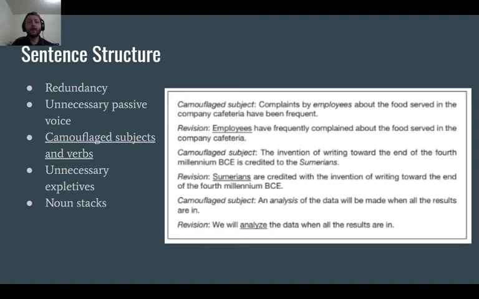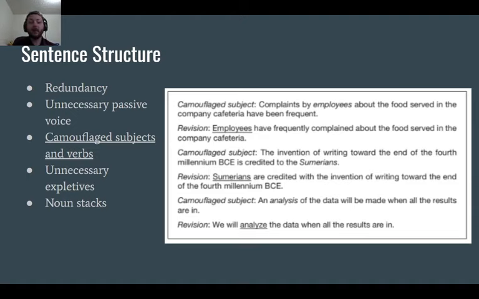For instance, we have our first sentence here, camouflaged subject: "Complaints by employees about the food served in the company's cafeteria have been frequent." Employees, the subject, is in the middle of the sentence. The attention is diverted away from it and towards words and details that aren't really needed.